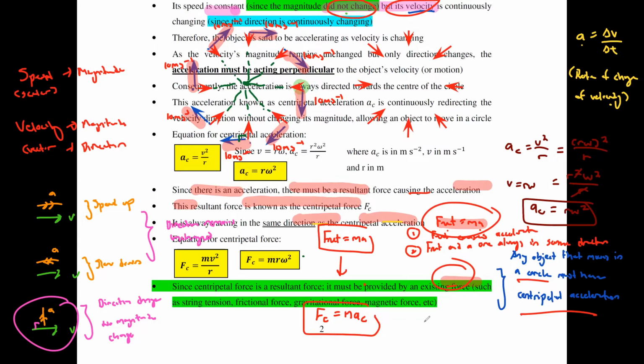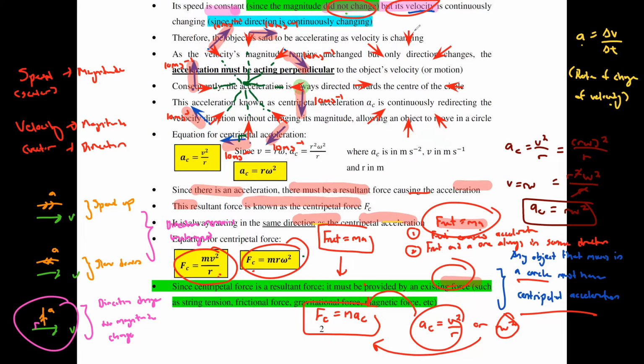Just now we know that centripetal acceleration is either v squared over r or r omega squared. So you just sub this in and you will eventually get Fc is mv squared over r, or Fc is mr omega squared. You are basically just taking the mass multiplied with the centripetal acceleration to give you the expression for centripetal force. So these are the equations representing centripetal force.